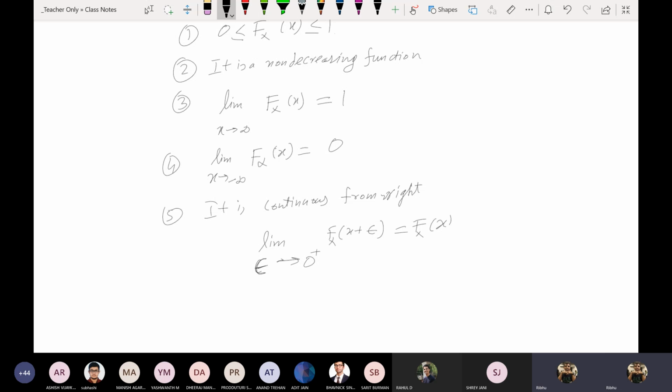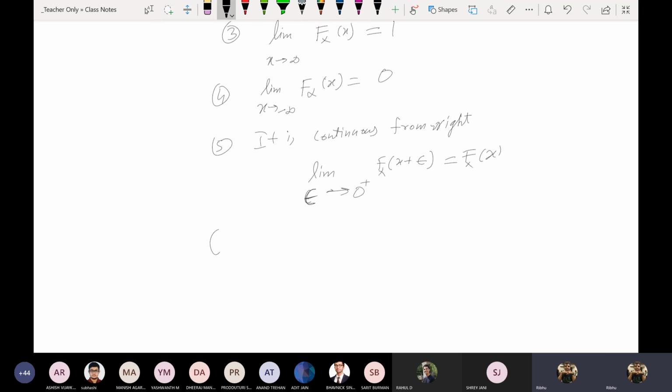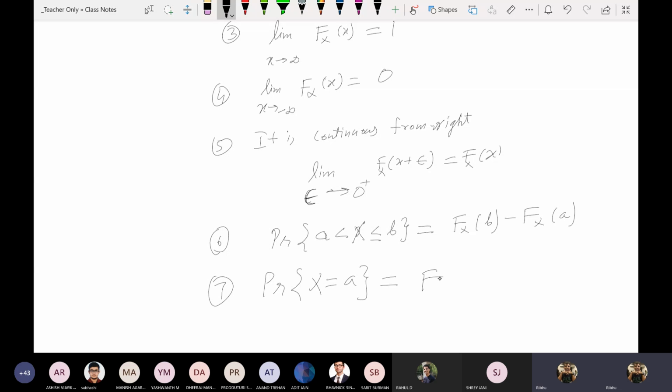So property 5, 6: the probability of a less than X less than or equal to b, the random variable taking values between a and b, is the difference of the CDFs. 7: the probability of X equals a equals the jump of the CDF at a.